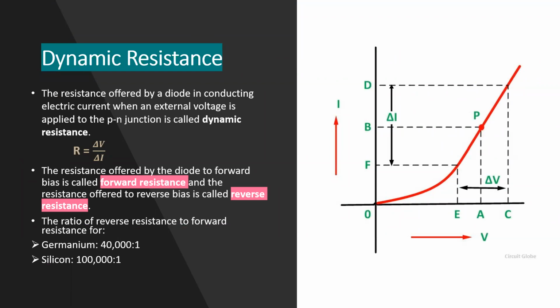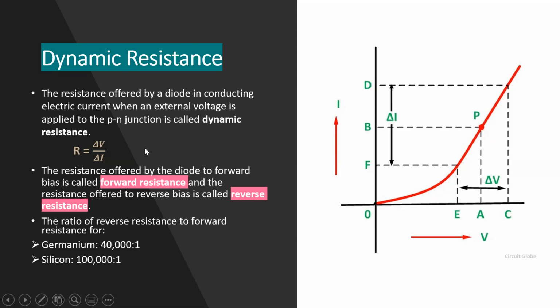So what is dynamic resistance? It is the resistance offered by a diode in conducting electric current when an external voltage is applied. So when an external voltage, either forward or reverse, is applied, the diode can have a dynamic resistance.